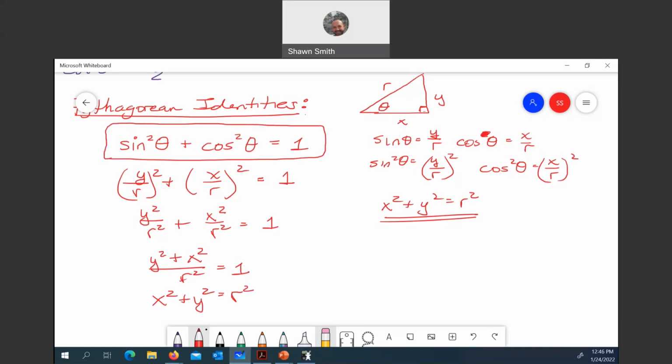So any trig function value that you get when you see the notation sine squared, cosine squared, its value is always squared. Not the sine is being squared, the trig function value is being squared. The same way as saying sine of theta all squared is the same as sine squared theta, just different notations.